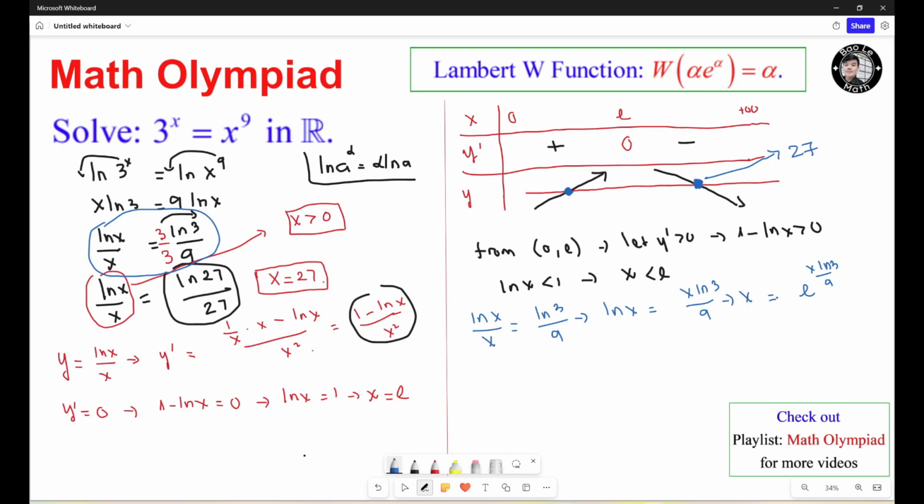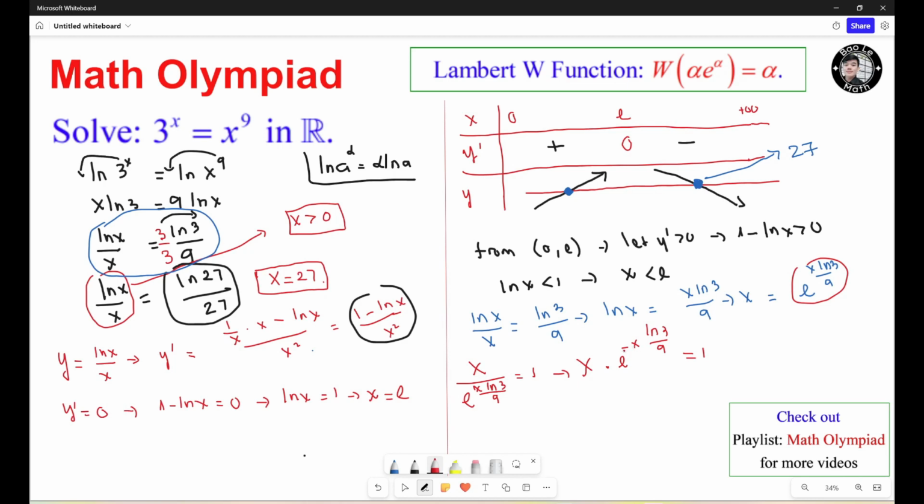Alright, next one, we divide both sides by this guy. So it turned out to be s over e to the s natural log of 3 over 9 equals 1. This is going to be s times e to the negative s natural log of 3 over 9 equals 1.